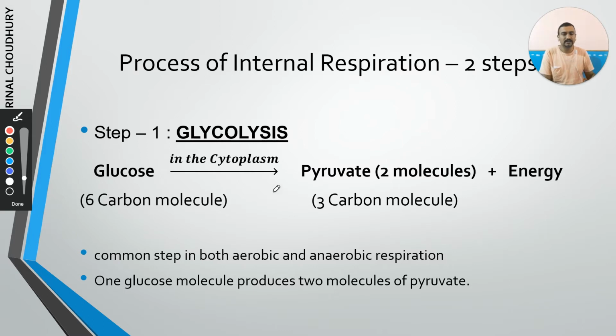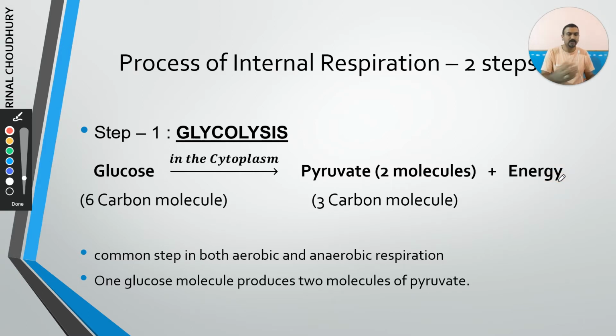But in pyruvate, there are only 3 carbon atoms in one molecule. Therefore, when one glucose breaks down it gives 2 molecules of pyruvate. It's very important to remember. Plus some amount of energy is also liberated.